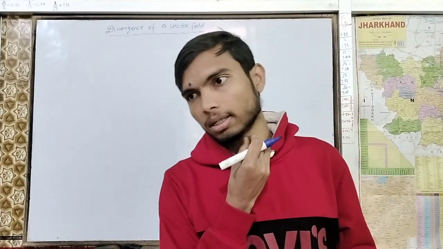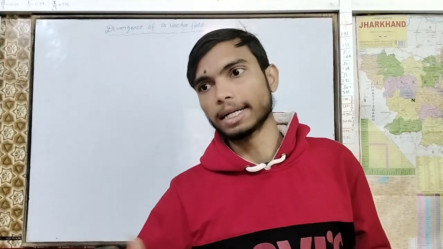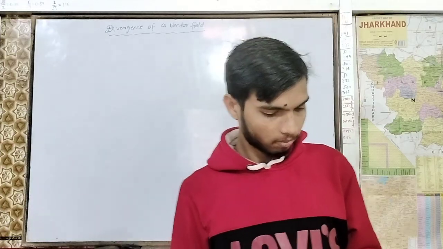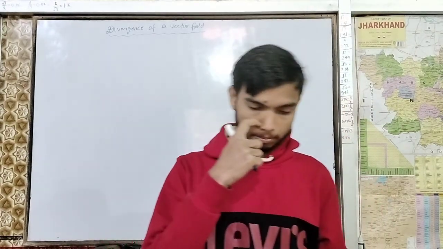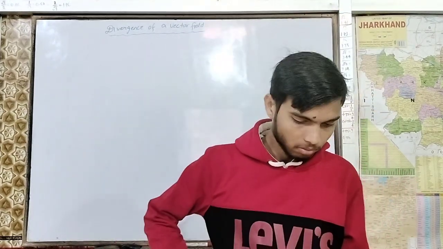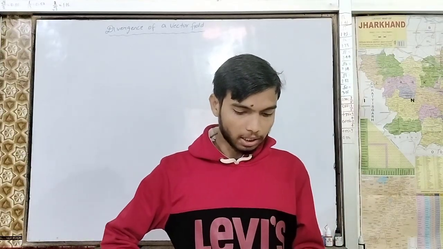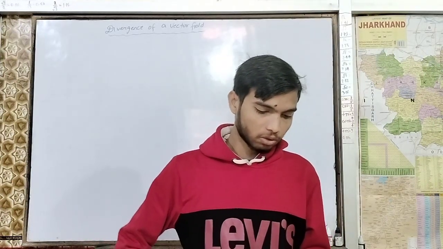Flux means how many lines are entering and how many lines are leaving from something. This is the meaning of flux. So we have magnetic flux lines per unit volume diverging from that point.